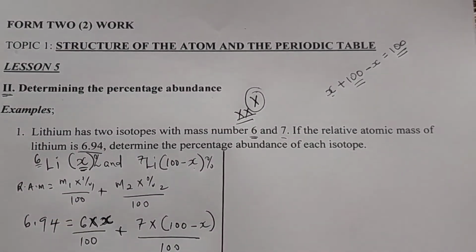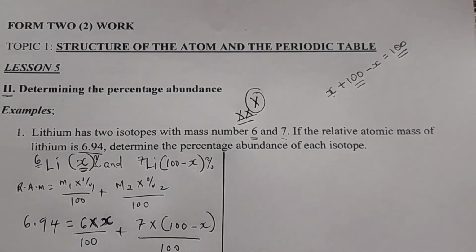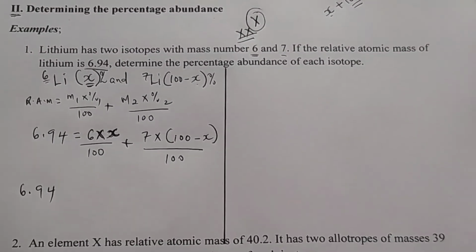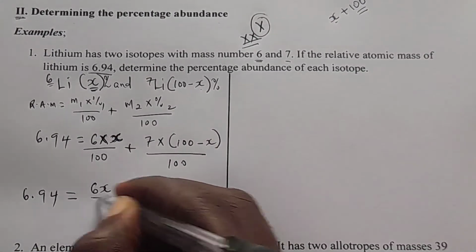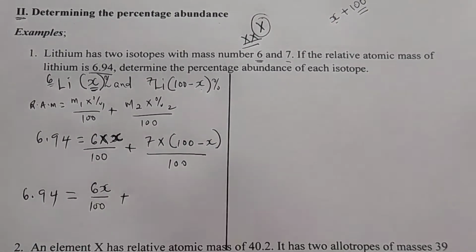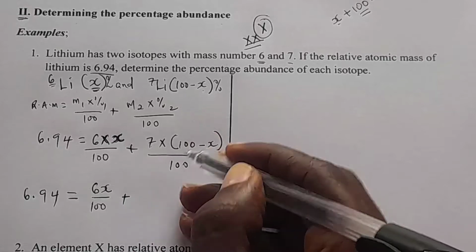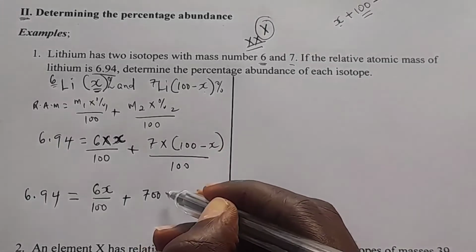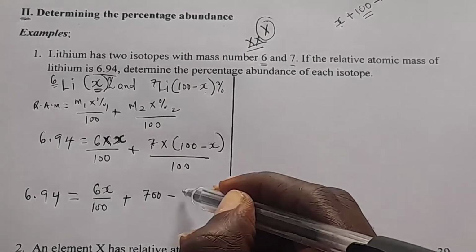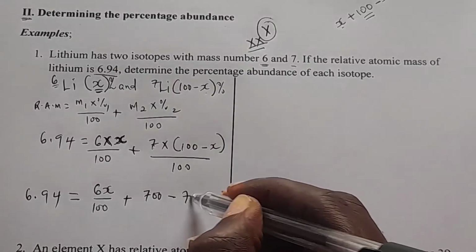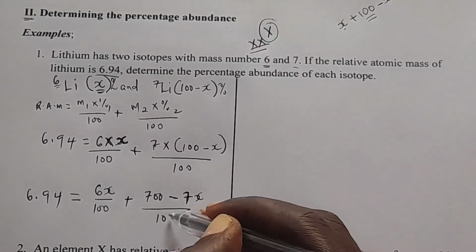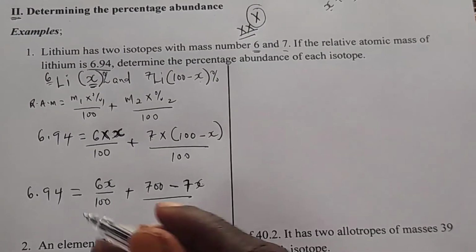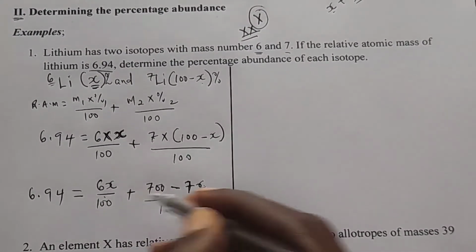Okay. Let's just try to see. We are having here 6.94, which will be equal to, multiply this, it will be 6x over 100 plus 7 times 100, remove the bracket, it will be 700 minus 7 times x, that's minus 7x, so over 100. So you're having 100 here, 100 here.